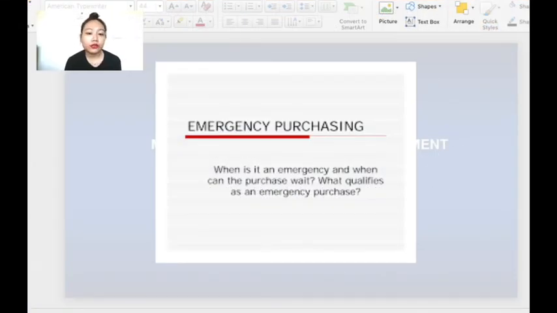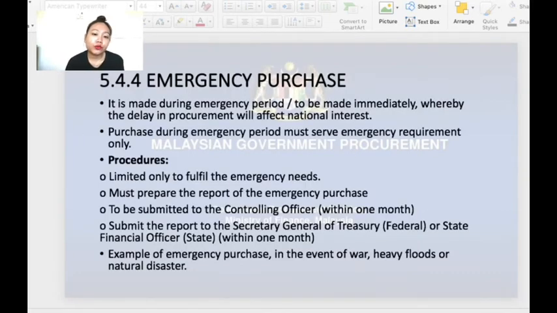Alright, next one. We are going to look at the next type of procurement, which is the emergency purchasing, yeah? This is very straightforward. So emergency purchasing is made during an emergency period or to be made immediately, whereby the delay in procurement will affect national interest. That is why it is called emergency, because it must be made immediately. Purchase during emergency period must serve emergency requirement only.